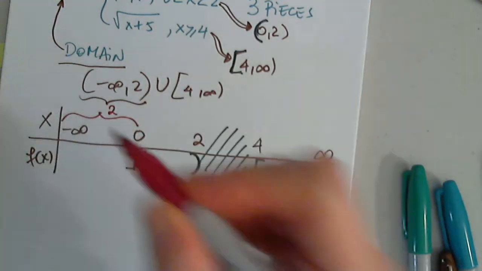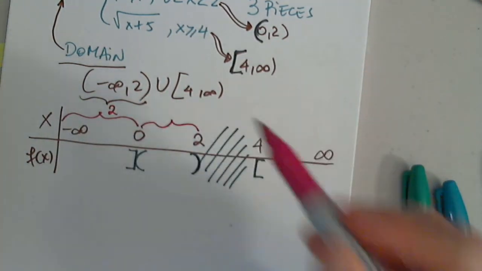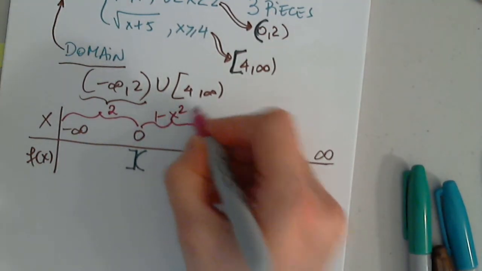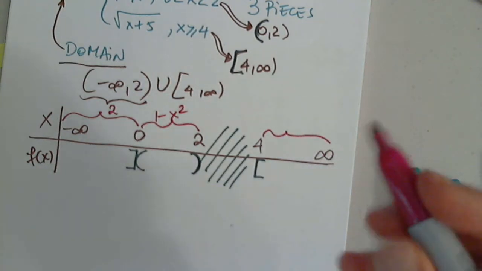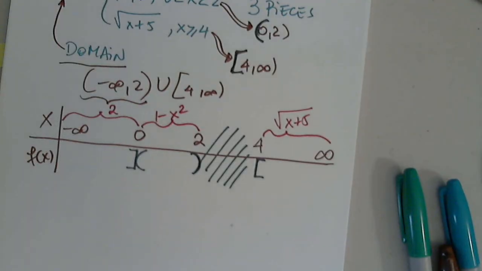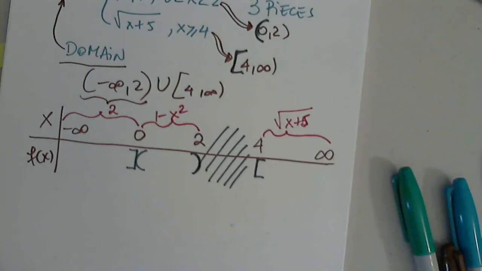Exactly. Between 0 and 2, can anyone read the function for us? One minus x squared. And I know it's silly to wait for that. It's very clear for everyone. It's x plus 5. Okay, perfect.